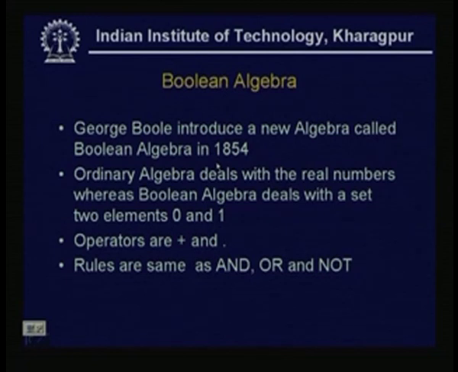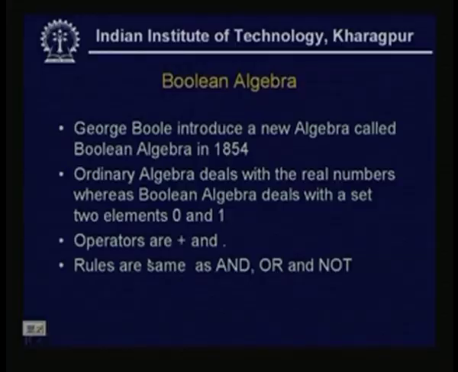Now, ordinary algebra deals with the real numbers, meaning the set is an infinite set, consisting of an infinite number of elements. Here, Boolean algebra deals with a set of two elements, that is 0 and 1. There are two operators, plus and dot, and the rules are the same as AND, OR, NOT. Already we have introduced the logical AND, OR and NOT.